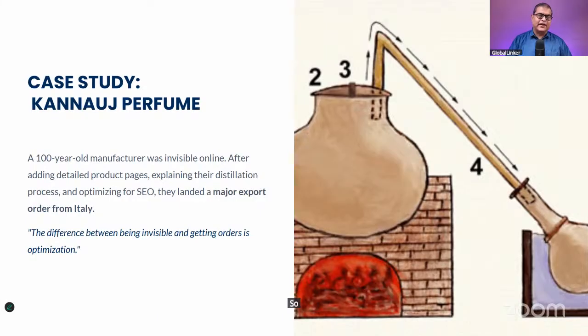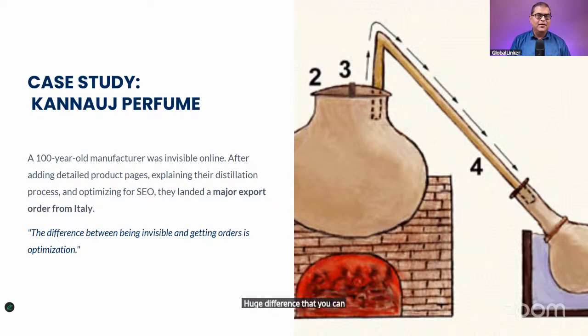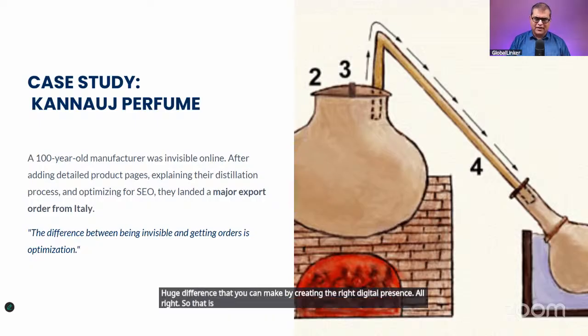That's where they were able to create a digital presence that attracts international buyers. And they were able to get international orders from Italy within 45 days of going live, right? So that's a huge difference you can make by creating the right digital presence. All right, so that is something positive I wanted to share early on.